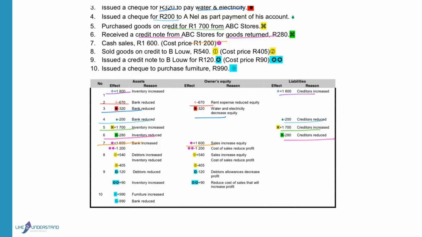With the cost of sales figure, we have to show that we have less inventory now because we sold goods, so the inventory will decrease with 1,200, and the owner's equity will decrease because cost of sales is an expense that will decrease the profits.